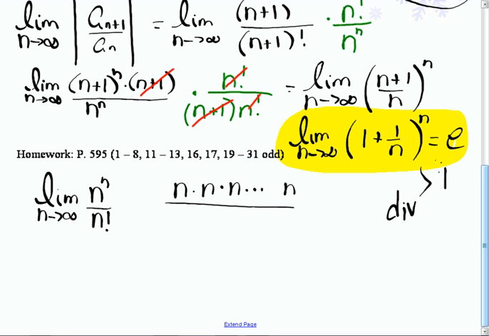And then this is n times n minus 1, n minus 2, 3, 2, 1. This is 1, but what's happening to all of these other things? These are all bigger than those denominators, so this is not 0. So it diverges. So there's two ways to do it.